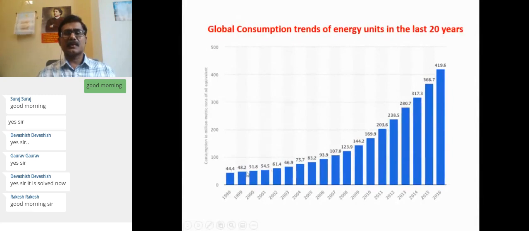So this global consumption of units has increased slightly less than 3 times. If you multiply 44.4 by 3, it will be around 130, so slightly less than that. So 2.7, 2.8 times this energy consumption has increased over the 10 years from 1998 to 2007.